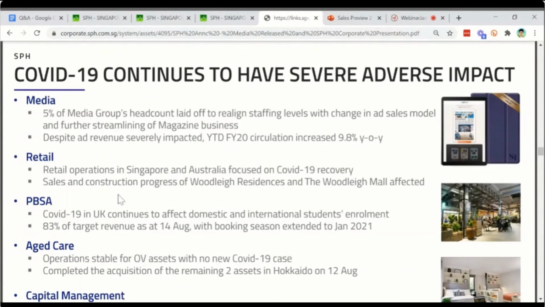And then for the property segments, right? When I sum up everything together, I feel that SPH is venturing into too wide a segment. That means they go into the retail malls, they go into the purpose-built students accommodation, and even the aged care.